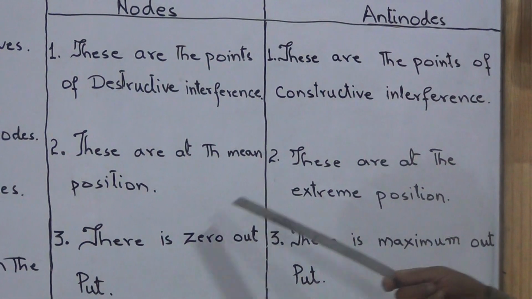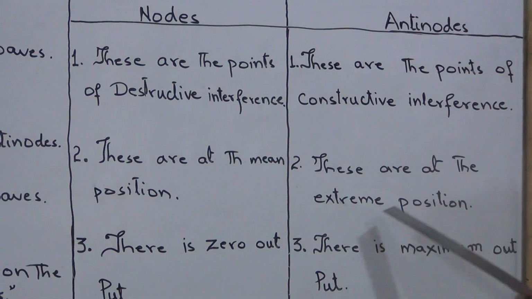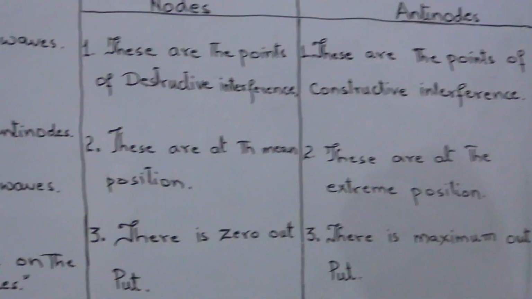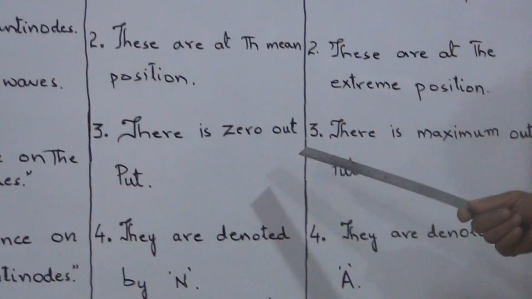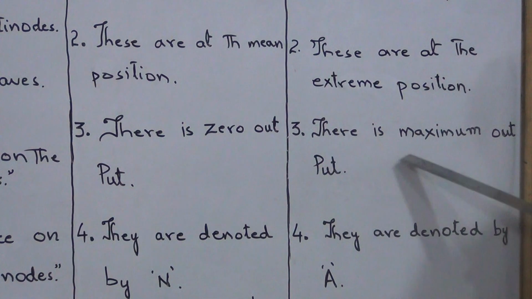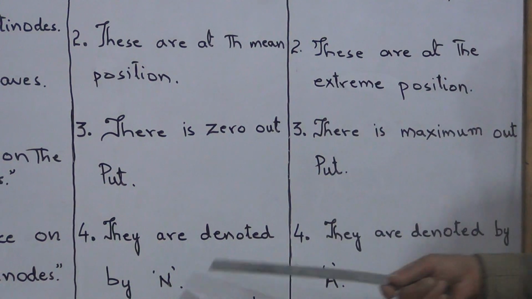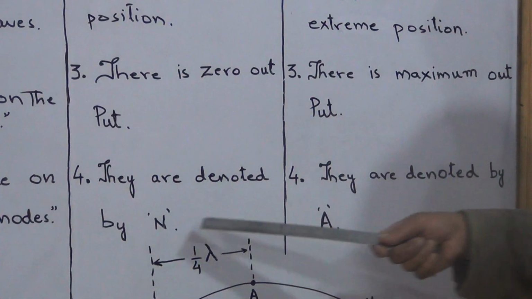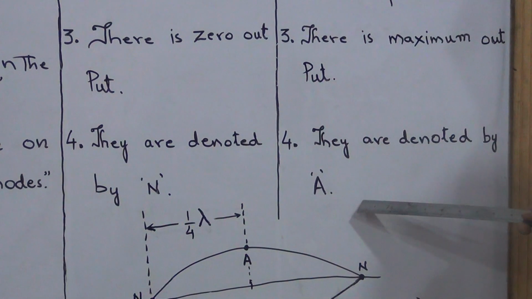As I have told you before, there is zero output at nodes and maximum output at antinodes. They are denoted by N and A.